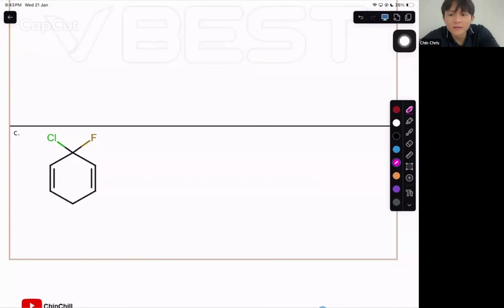Cannot be 0. Guys, can never be 0. If no isomer means alone, means the only compound is the one already drawn. So the minimum is 1, cannot be 0. 1, yeah.